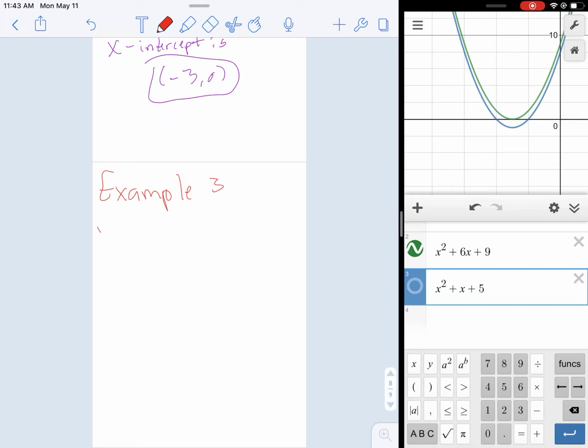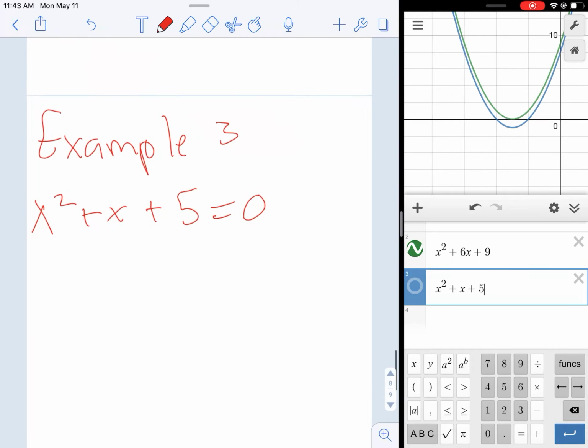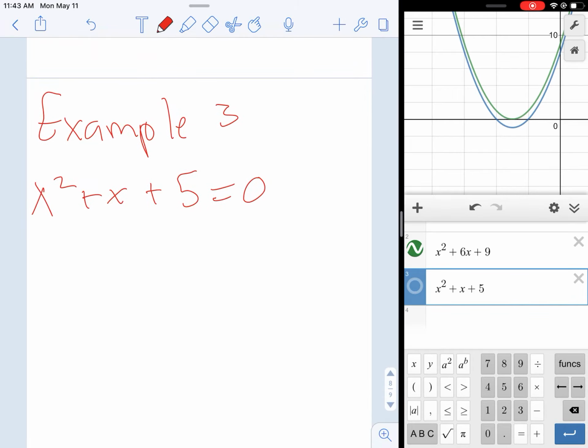Okay, so x squared plus x plus 5 equals 0. Let's identify our a, b, and c. A is 1, b is also 1, and c is 5.